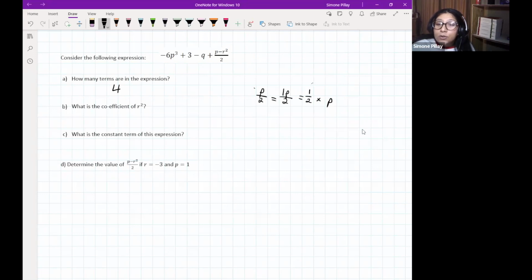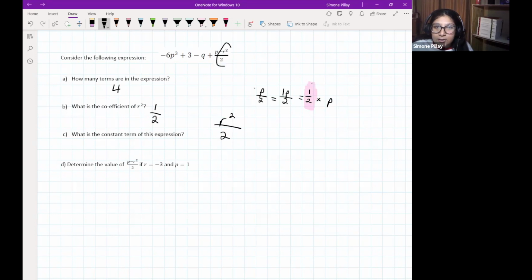And Bree, you're close. It's not 2, but what's actually being multiplied to my variable in this case is a half. I know that might be a little bit confusing, but the coefficient is actually a half, simply because we can't just ignore the denominator. You could look at it like this. We have r squared basically over 2.